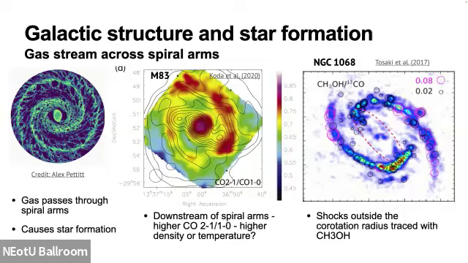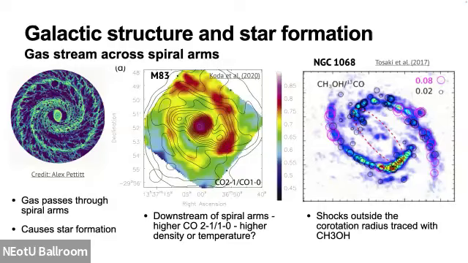And this picture in the middle shows higher excitation at the downstream of the spiral arm. So with new telescopes, we can study these differences in excitation, for example.